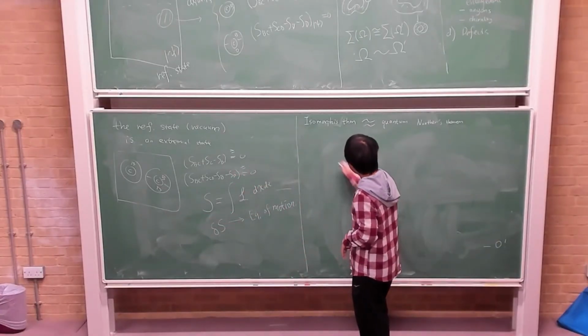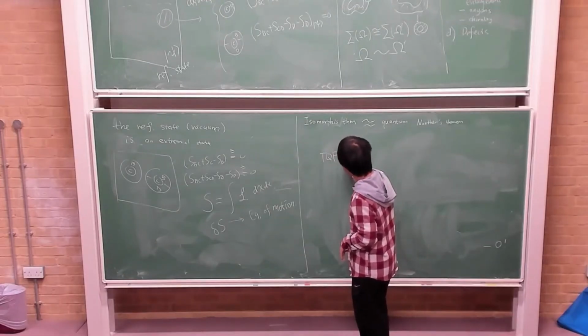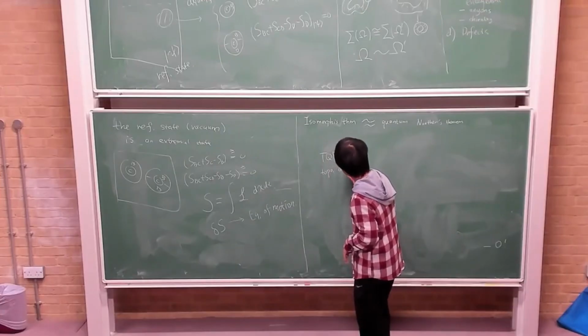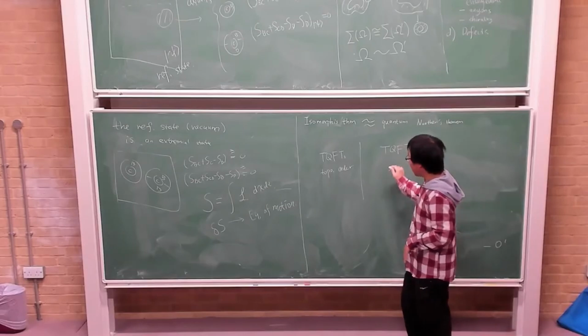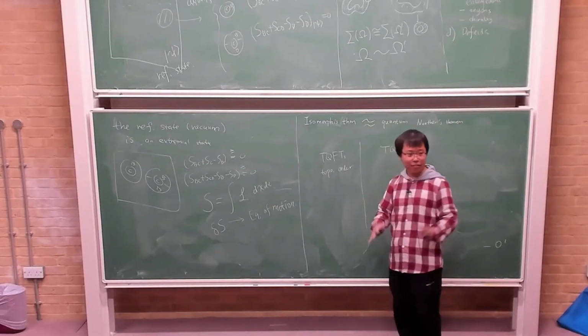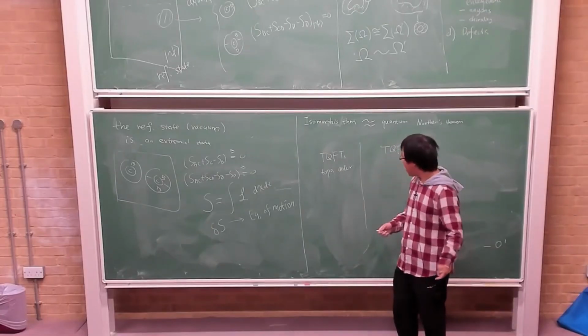Suppose we have a topological order, and another topological order, where the anyon content could be different. They are described by different unitary modular tensor categories.